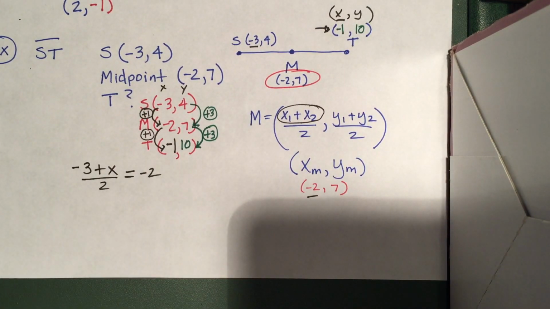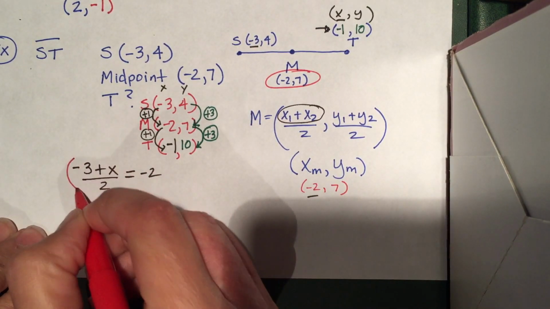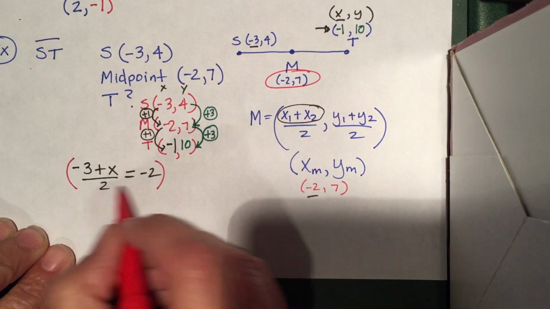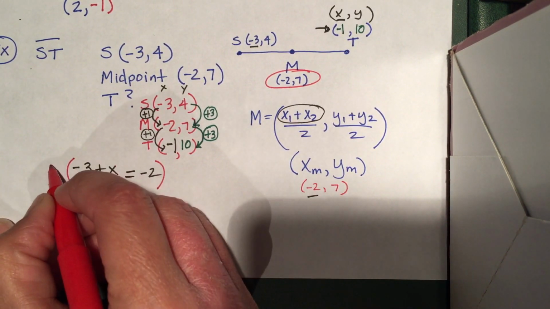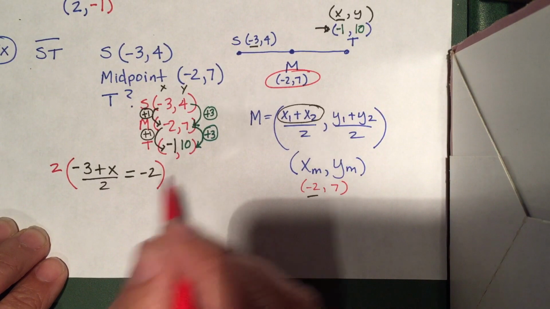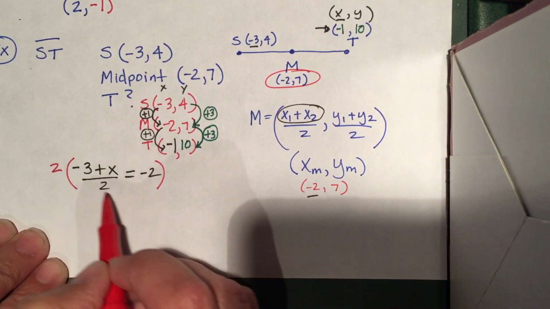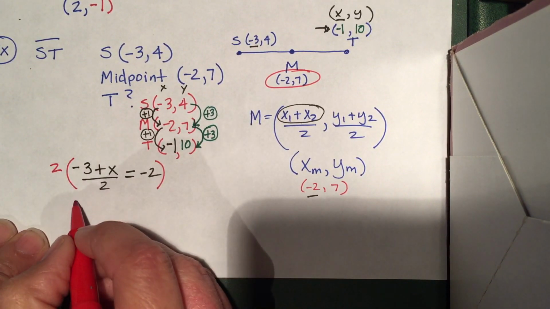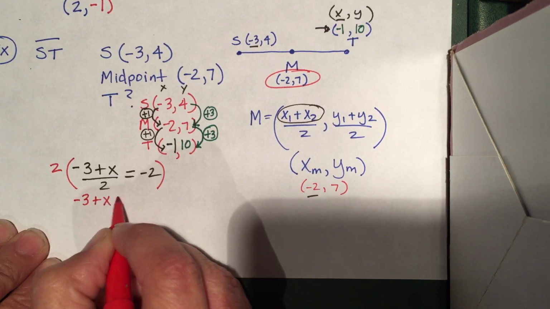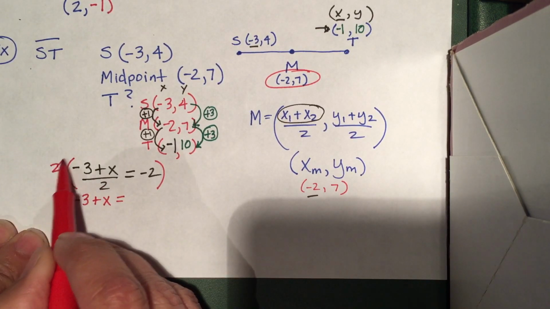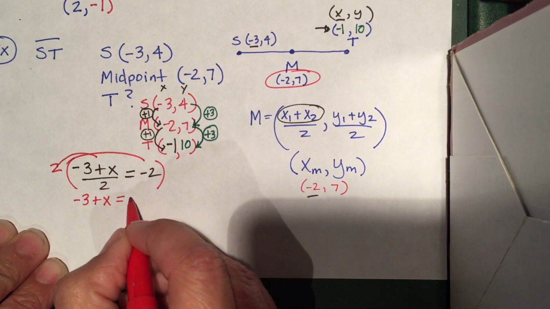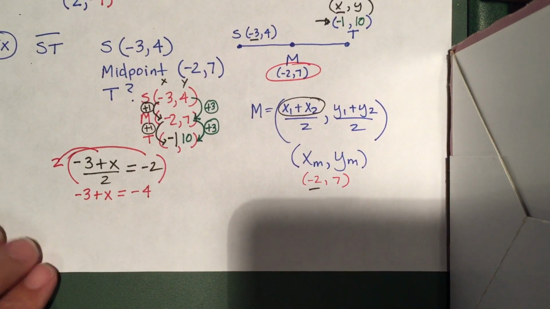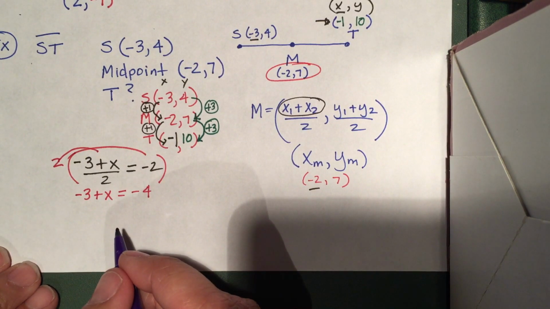Now to get rid of the denominator, we multiply the entire equation by the denominator. So you multiply by 2. When I do this, that cancels out the denominator here. So I'm left with -3 plus x. And then I still have to multiply this also by the -2, which gives me -4.